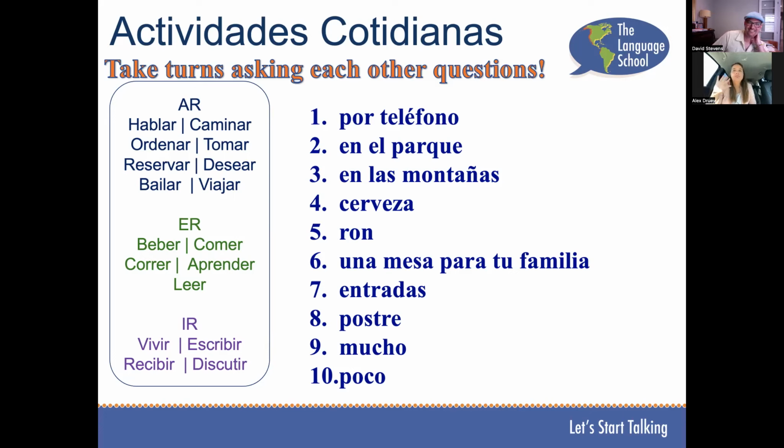Comes and corres en el parque. You could have asked me if I eat at the park. That would be fine too. Sí, corro en el parque. Correr en las montañas. ¿Corres en las montañas? No corro en las montañas.